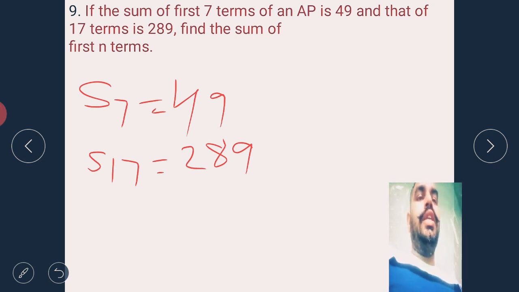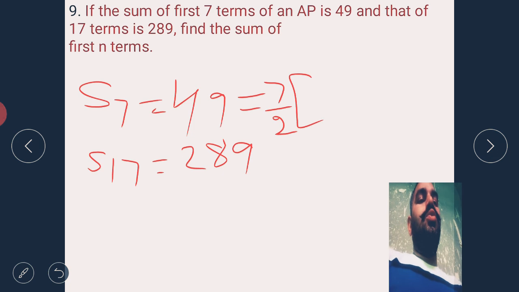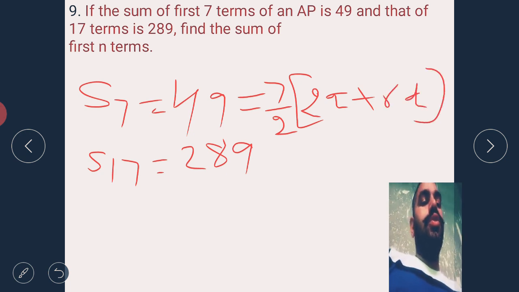Can you write S7 is equal to 7 by 2 into 2a plus 6d? Got it or not?